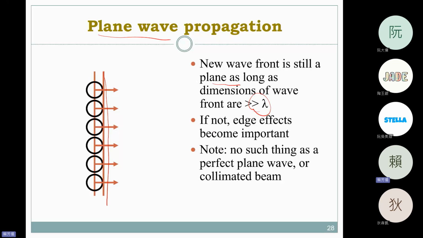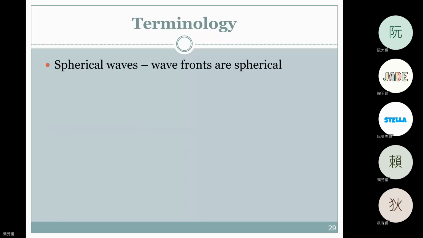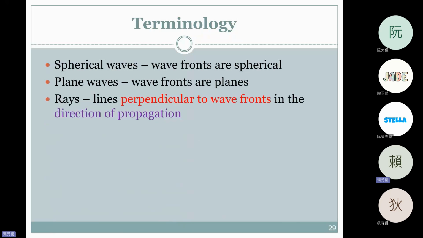Here shows some terminology. We will hear about spherical wave or plane wave, which depends on the structure of the surface. A spherical wave means the wavefronts are spherical, and for a plane wave, the wavefronts are planes.